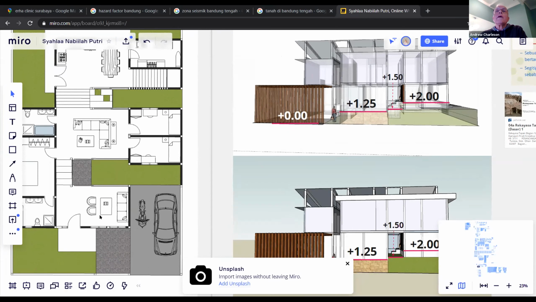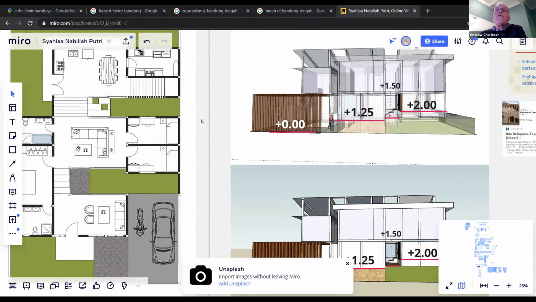So the good news for you is that you can tie your building together with a good diaphragm at the same level here. And also at your roof level, you need to tie your roof together and make it a diaphragm. And your roof is at the same level, more or less. So that's good as well.